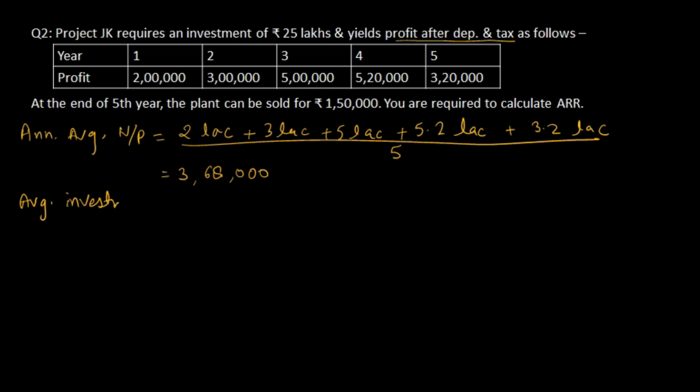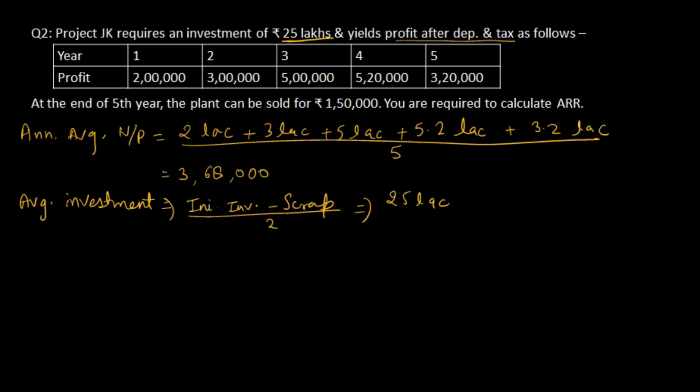Now for the denominator we need average investment, correct? Because we are doing the second method. For average investment, first we have to check whether any additional net working capital is given or not. Here additional net working capital is not given. So for average investment we use the formula initial investment minus scrap value divided by 2. The initial investment is given as 25 lakh; they have given project cost investment of 25 lakhs.